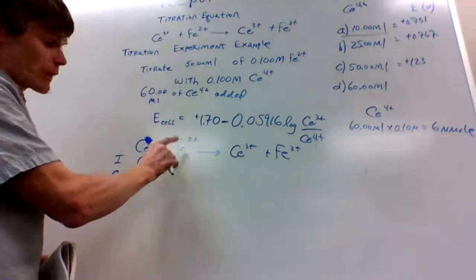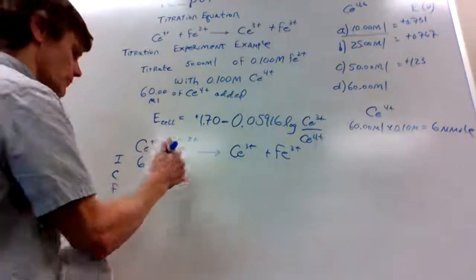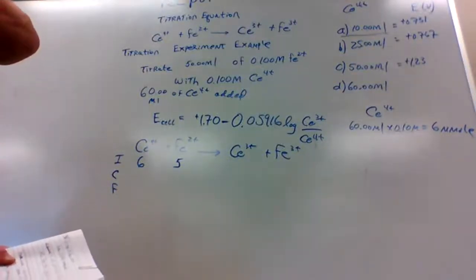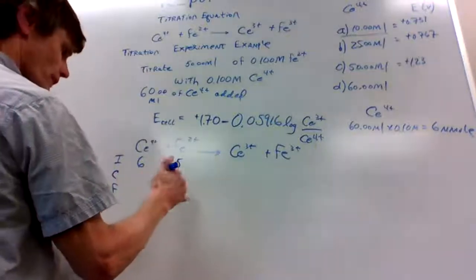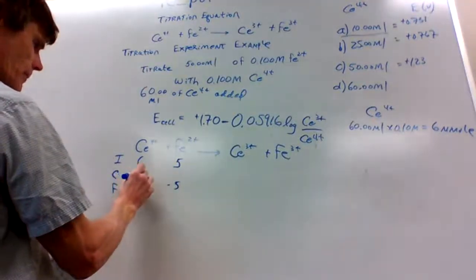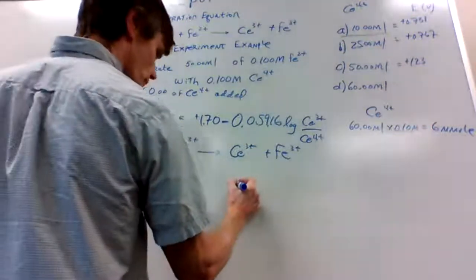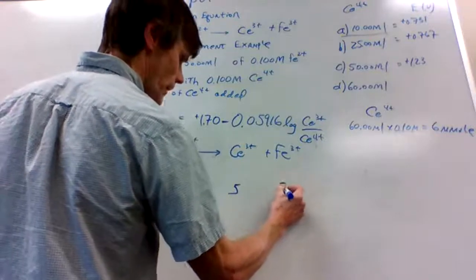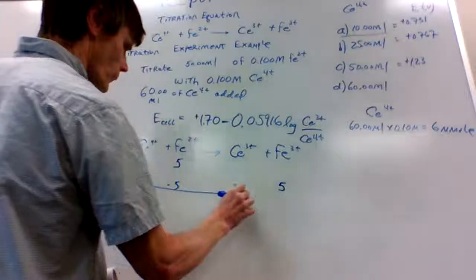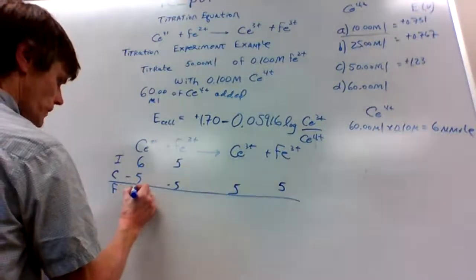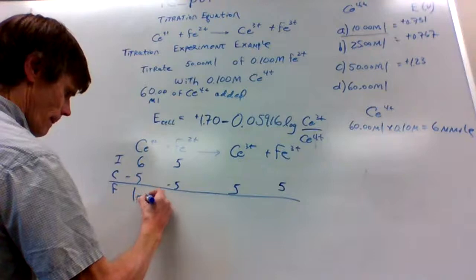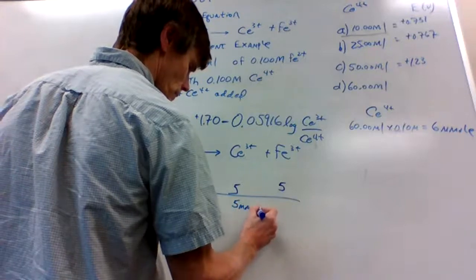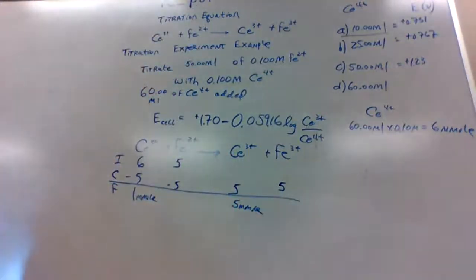Remember, we had 5 millimoles at the beginning. There's still 5 millimoles in there at the very beginning. And what happens? Well, this is going to lose that 5, and it's going to take it from 5 off of here, and we're going to create 5 millimoles of ceric 3 positive and 5 millimoles of our iron 3. And the final that we have left over is 1 millimole excess and 5 millimoles that we've titrated for the ceric 3 positive.